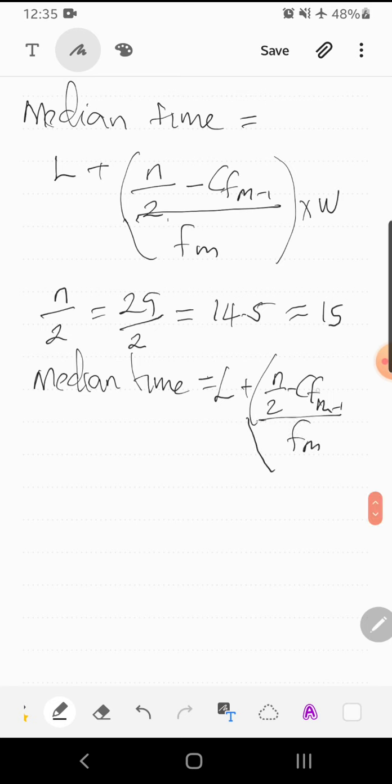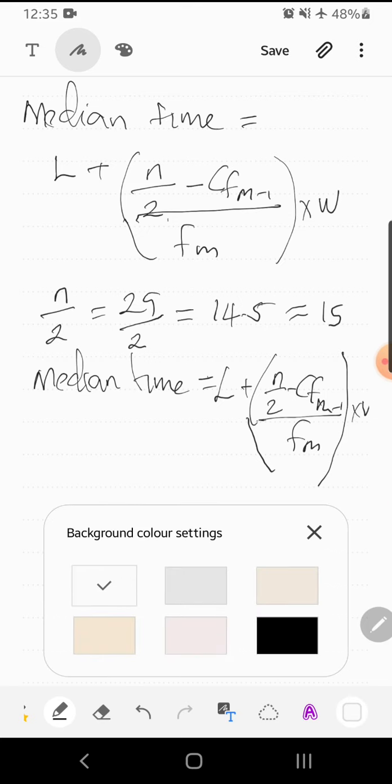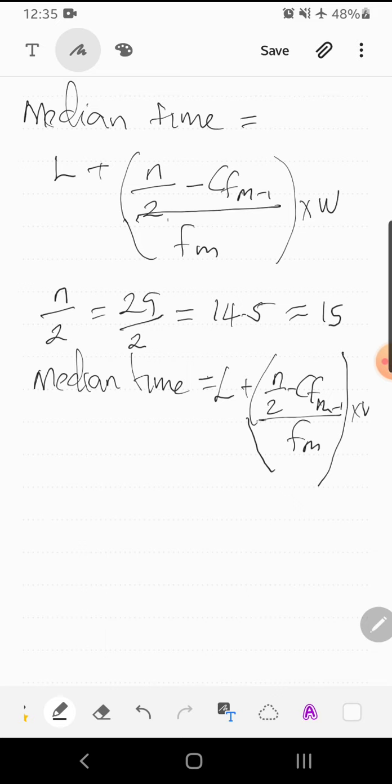Remember this bracket extends up to there, times the class width.